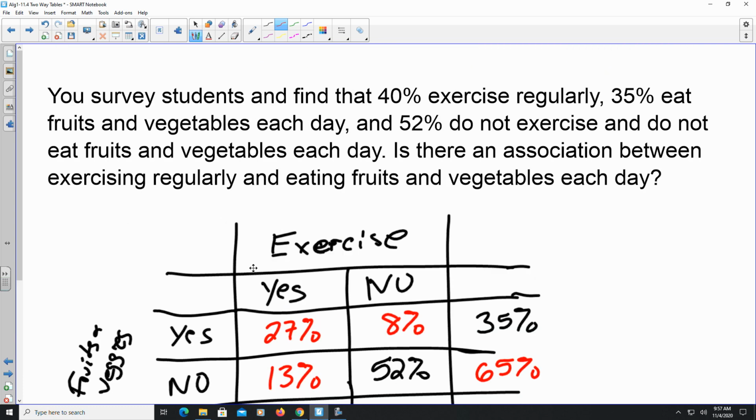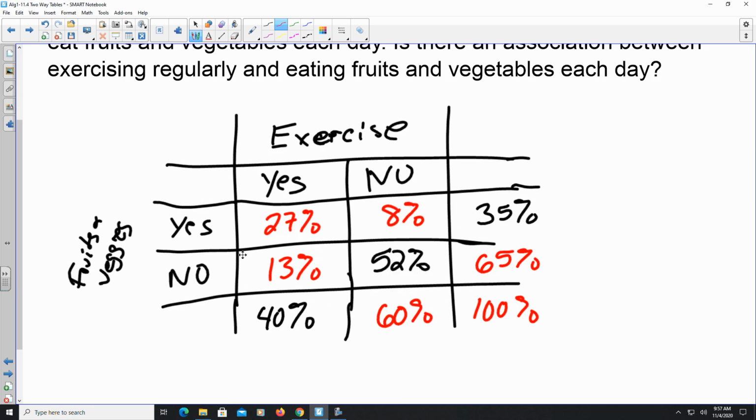Now, in order for us to make an association between exercising regularly and eating fruits and vegetables regularly, we are going to make the conditional relative frequency table, using the columns like we did with the original example.